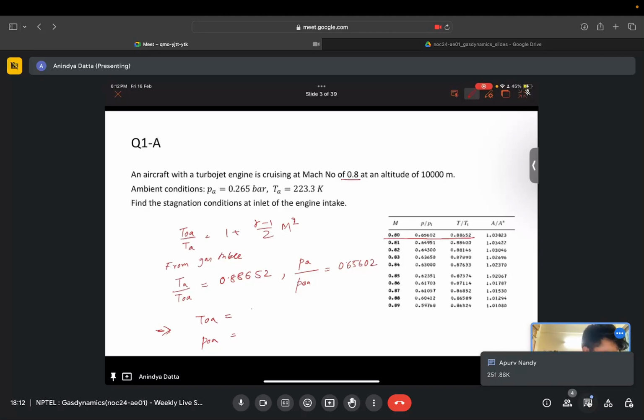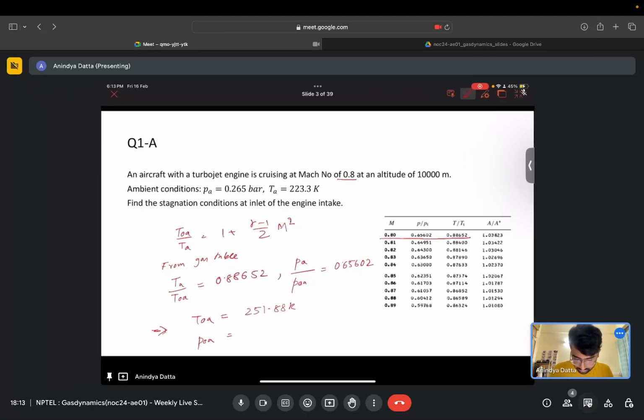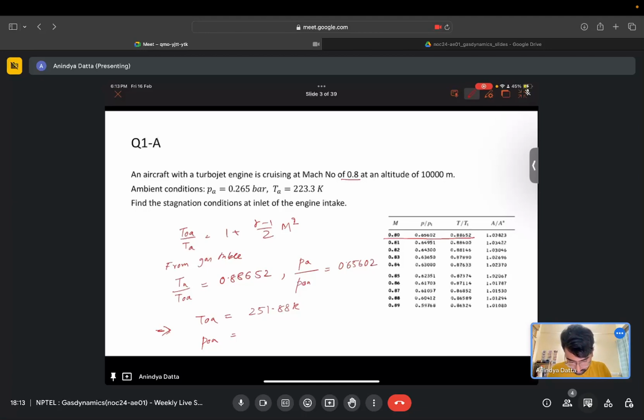Thank you Apurv, we will get 251.88 Kelvin, and the pressure 0.265 divided by 0.652, which is around 0.404 bar.